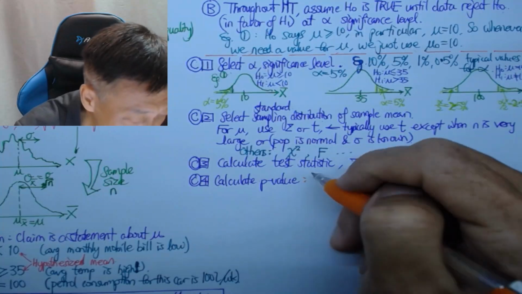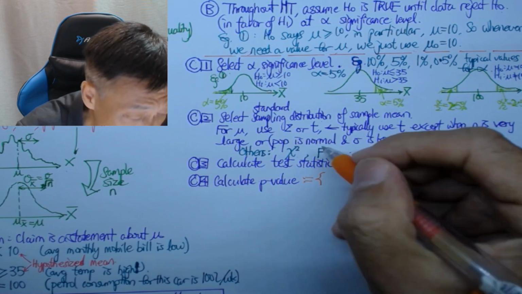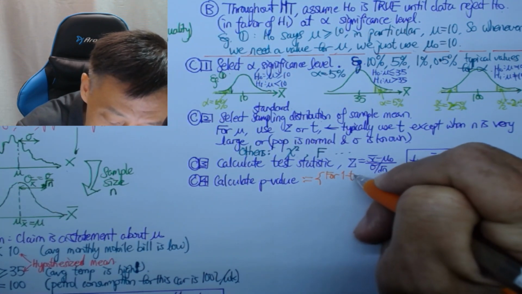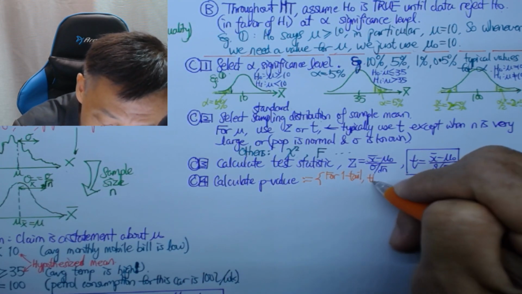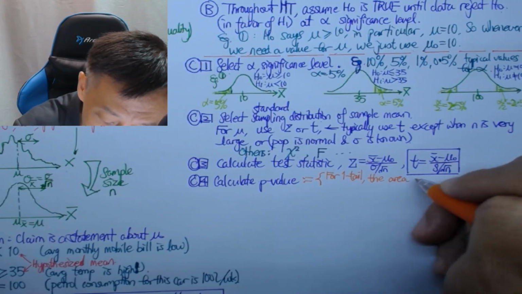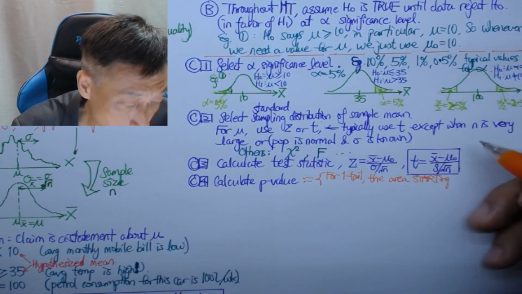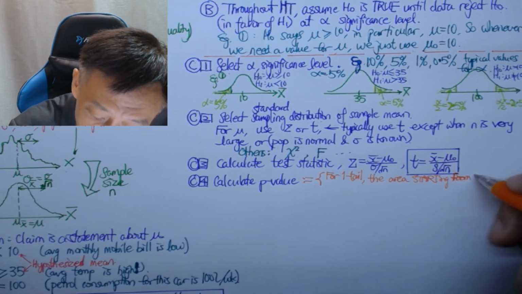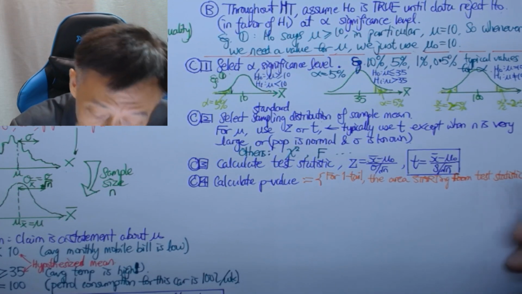So p-value is, first of all, equal to two parts, right? For a one-tailed test situation, it is the area starting from the test statistic, whatever test statistic you have used, right?